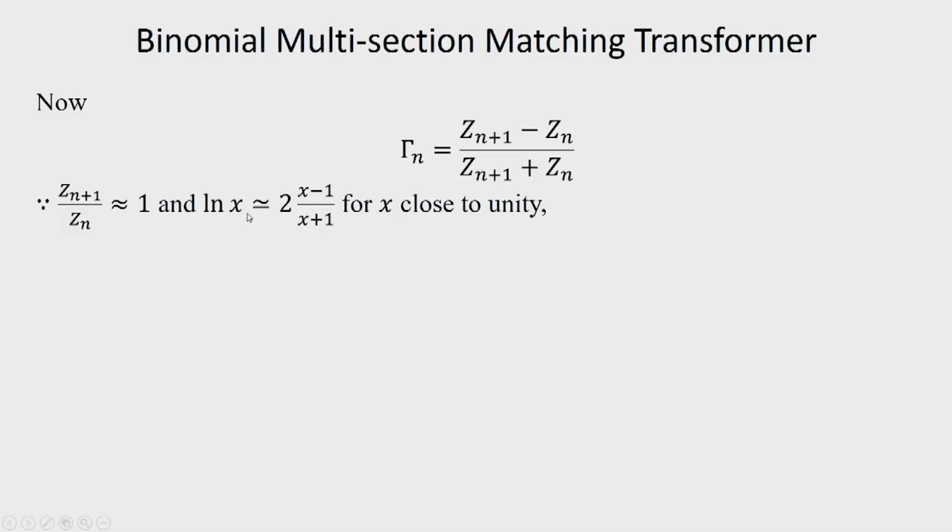So, we can use this equation: log of x is approximately equal to 2 times x minus 1 divided by x plus 1 when x is close to unity. So, our Z n plus 1 by Z n is close to unity, and using this expression for log x, we can write gamma n to be equal to half log Z n plus 1 divided by Z n.